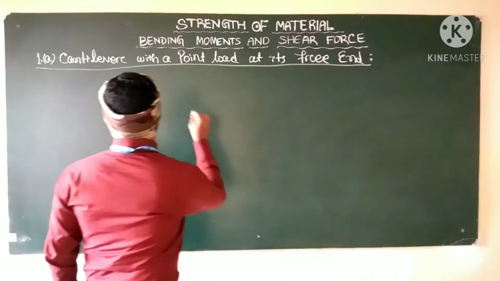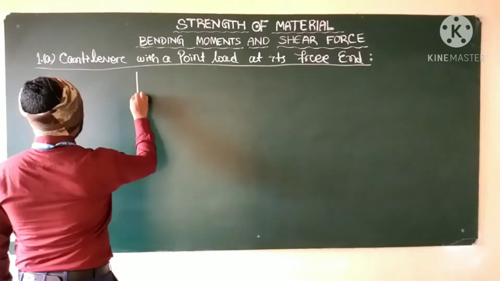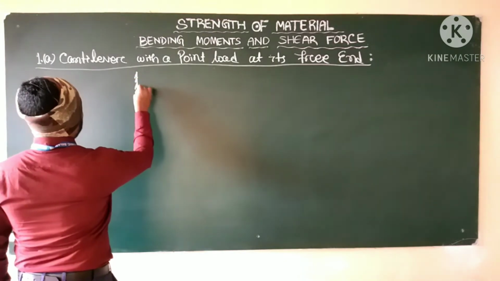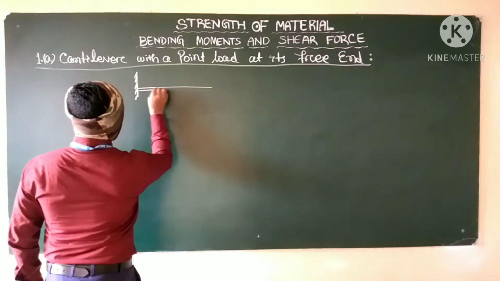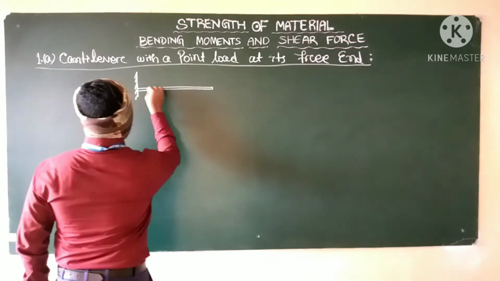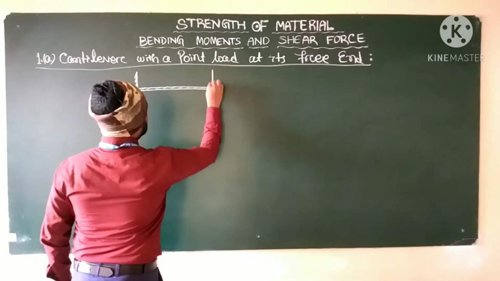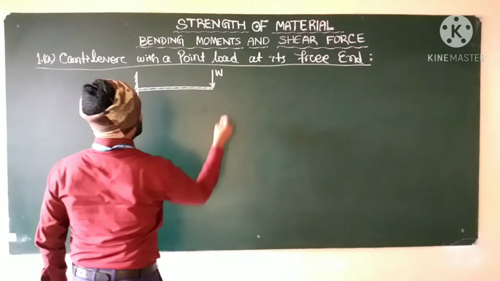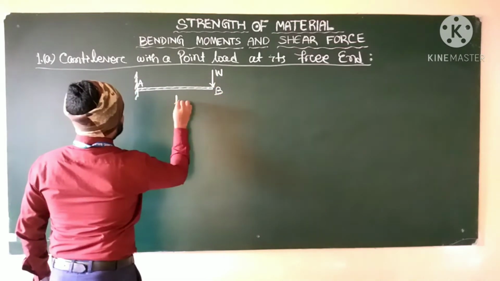Now we have seen here: this is point load W, length of the beam AB, small l.